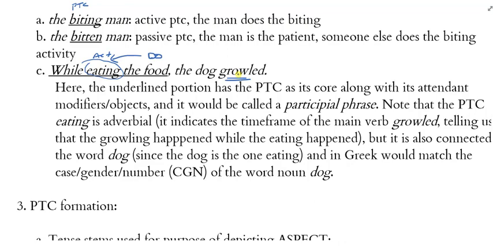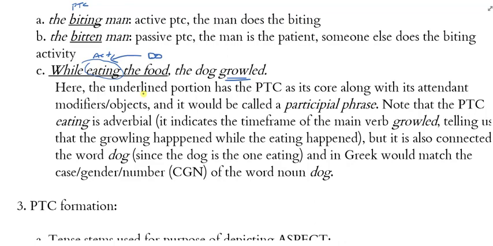So if my participle is adverbial, what it's doing is it's qualifying the verbal action of some verb. In this case, it's qualifying the action of growling. What is it about the dog's growling that I'm saying by using this participle? I'm telling you when. When did the dog growl? Well, the dog growled while eating food. Okay?